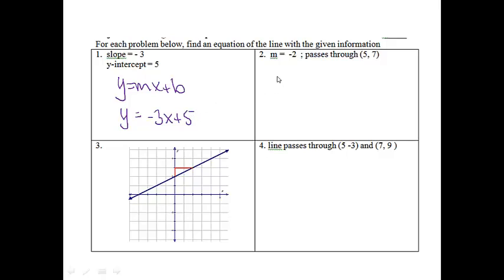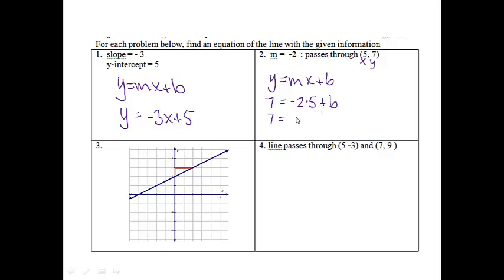Okay, question 2, m equals -2, and it passes through the point (5, 7). Well, I'm going to label this x and y. Once again, we know that our equation is y equals mx plus b, and now we just need to simply put in the information given. So I'm going to have 7 equals m, which was -2, my x value is 5, plus b, and now I'm going to be solving for b.